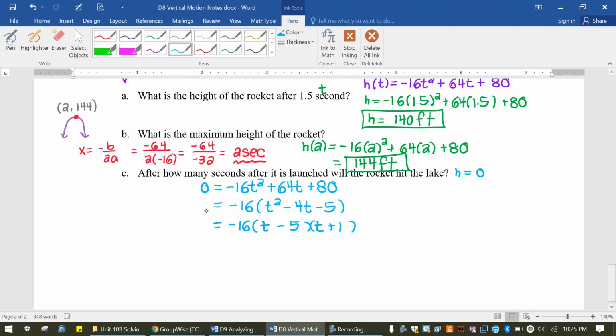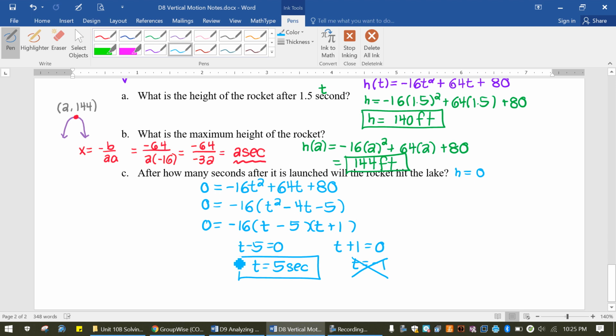Since these are equal to 0, we're going to have t minus 5 is 0, so t is 5 seconds. And then t plus 1 is 0, so t is negative 1. I can't have a negative time, so that means just 5 seconds is my answer.